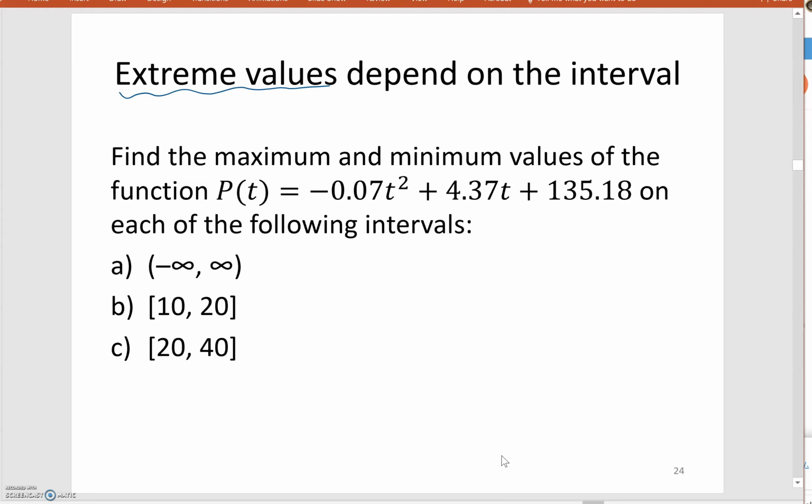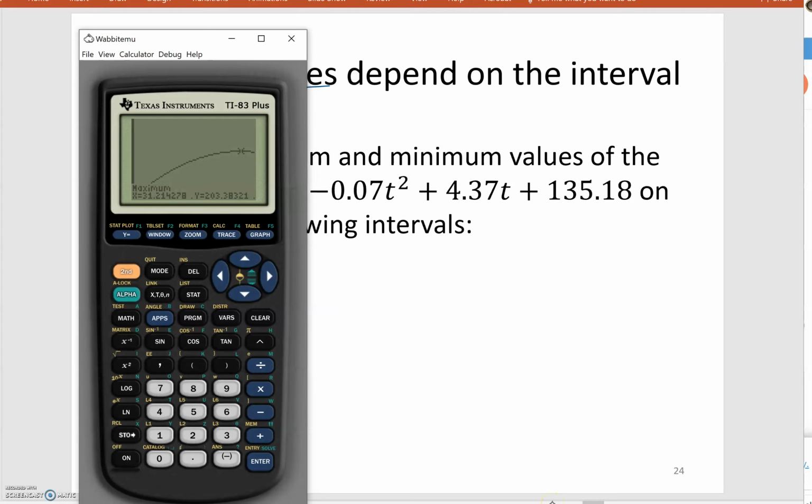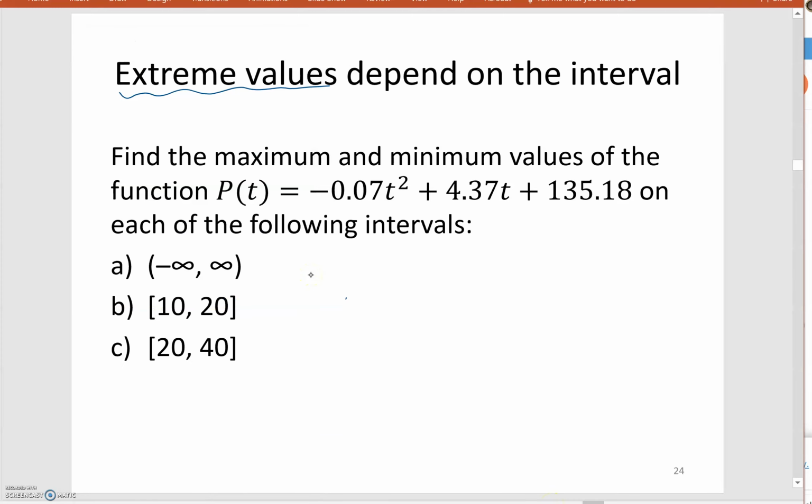So the first interval is for all real numbers. In that case, let's talk about this generally. This is an opens down parabola because this is negative. So it looks like this. Since the domain is all real numbers, it is not going to have a minimum. So no minimum.